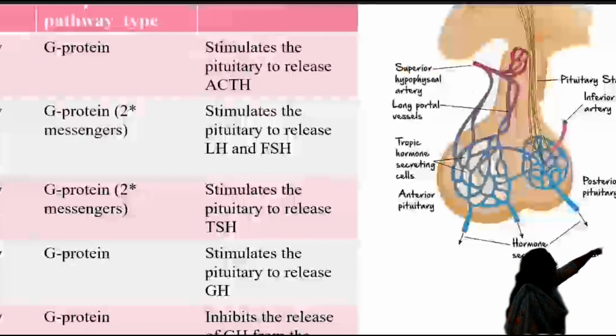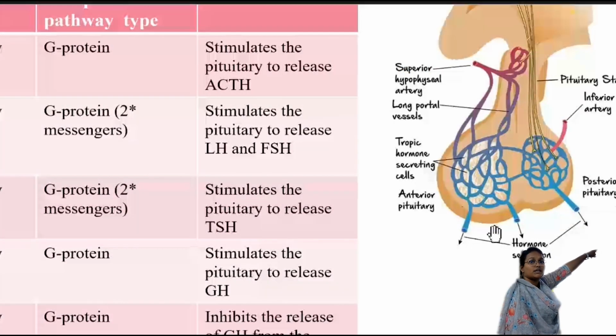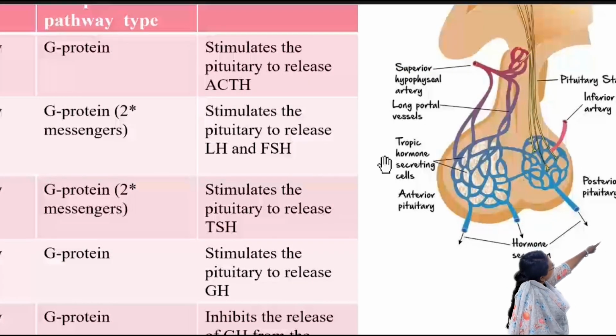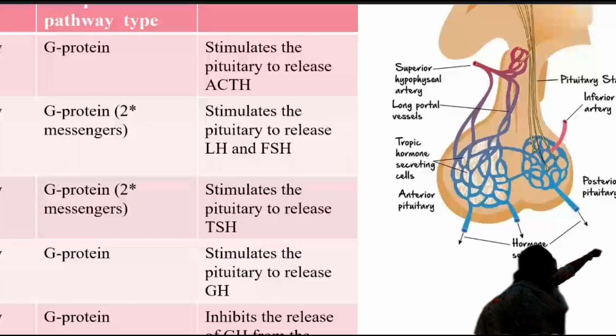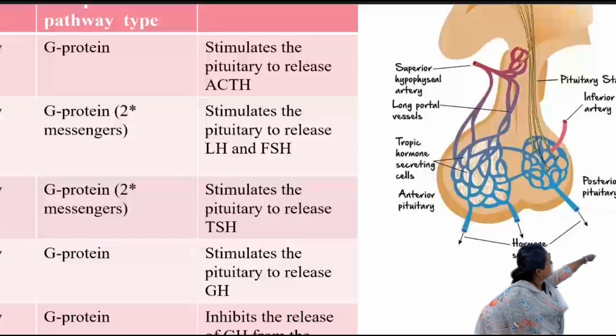The nerves are directly connected to the blood vessels on the top left corner. The neurotransmitters are released into the blood vessels, and the blood vessels come to the pituitary gland in the lobe, and the pituitary gland releases the hormones that need to be released.